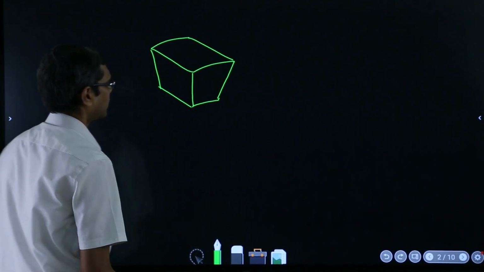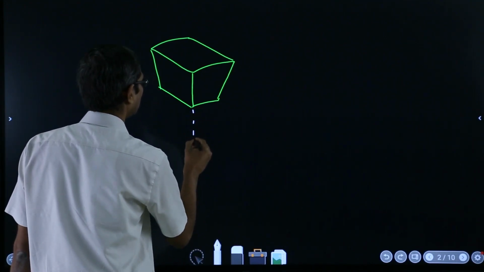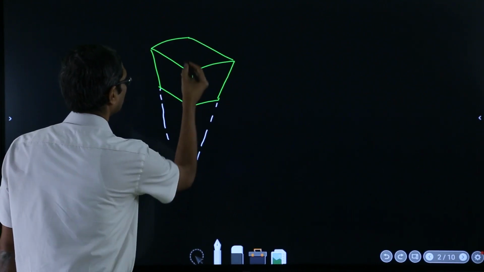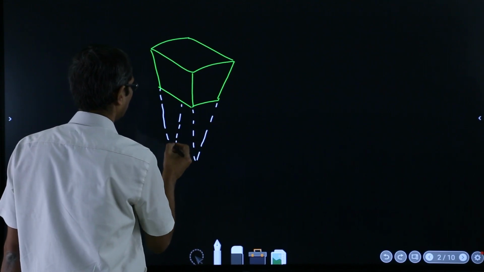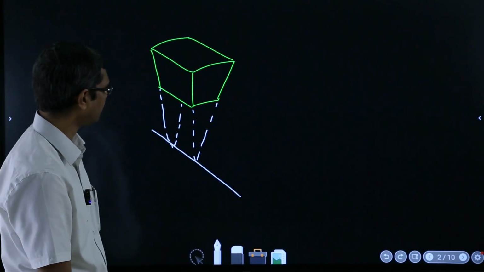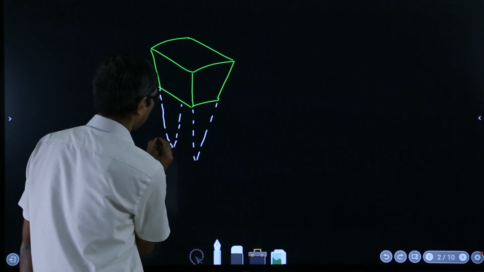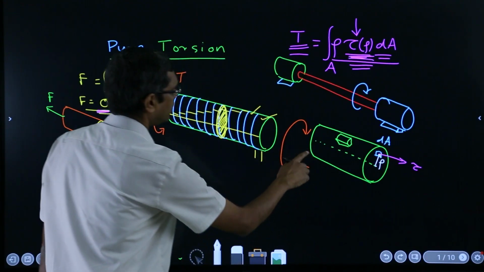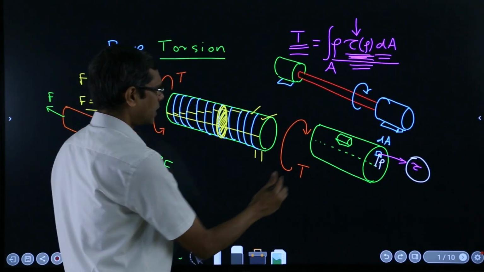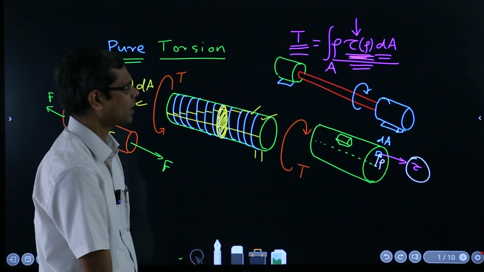Now let me draw this to meet at the axis. Here it would meet on the axis, and this is my axis line. Now when we talked about this tau, consider this portion which I have drawn on a bigger scale.